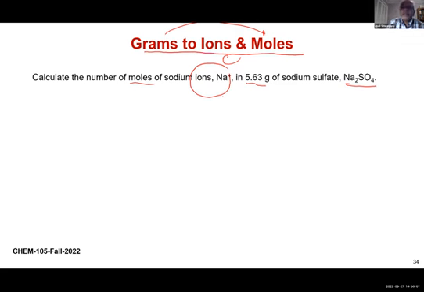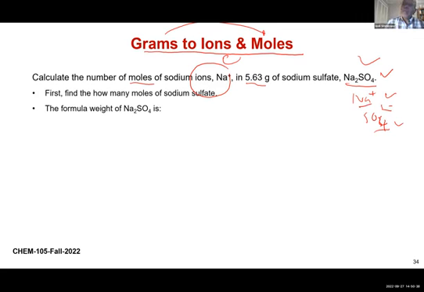Grams to ions and moles. How many moles of sodium sulfate are there? How many moles of sodium ions are there? How many moles of sulfate ions are there? These are the questions. How many formula weight units? How many sodium ions? How many sulfate ions? We can answer all these questions, ions and moles.